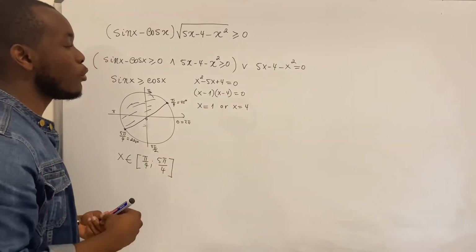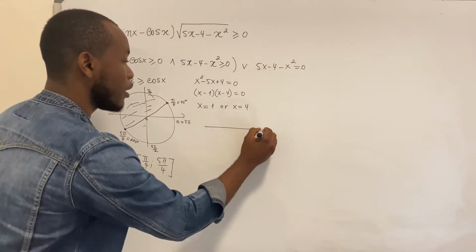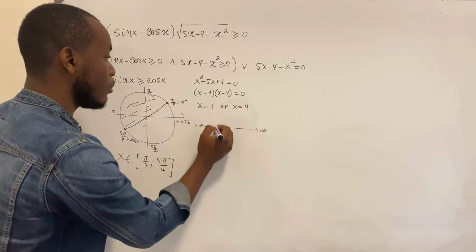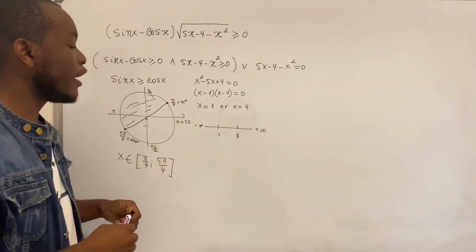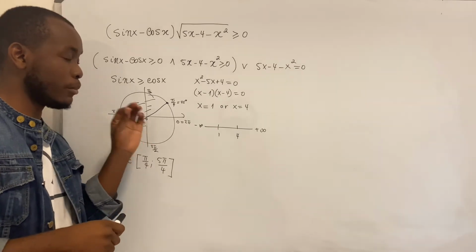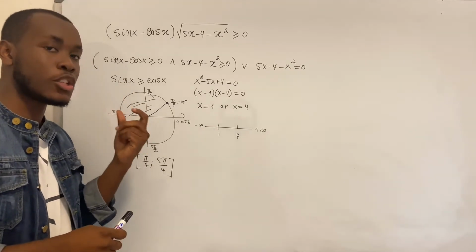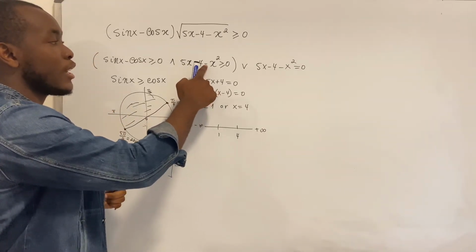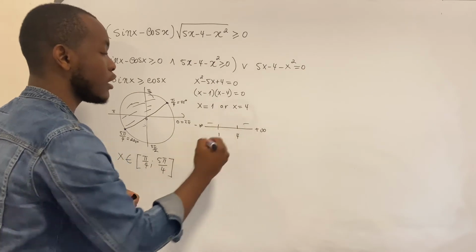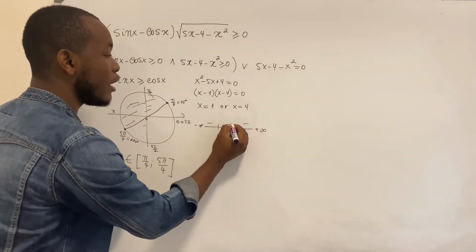Now, how do we solve the quadratic inequality? We go to the real line, with 1 and 4. We analyze the sign of the coefficient of the term with exponent 2, the squared term. The sign is negative, so the negative stays outside the interval, and the opposite sign, plus, goes inside the interval.